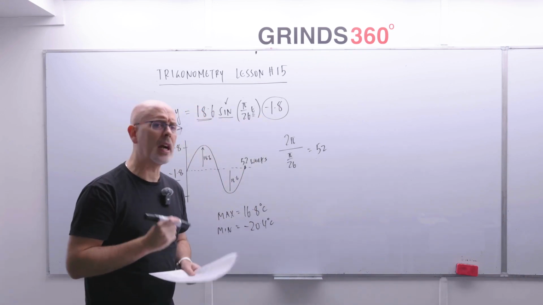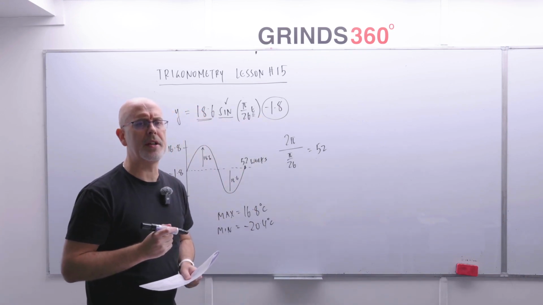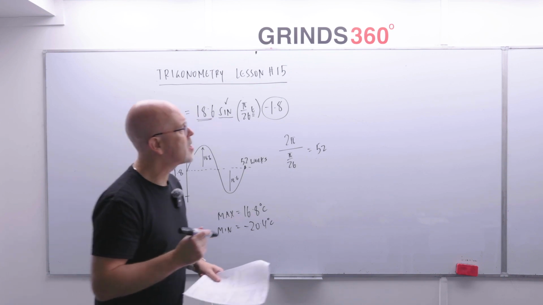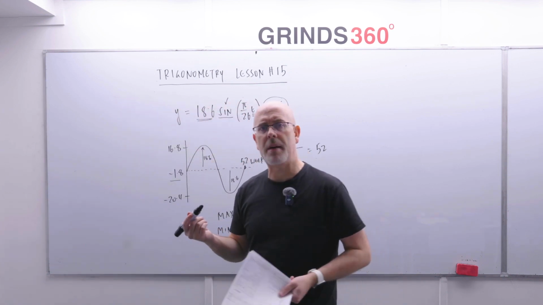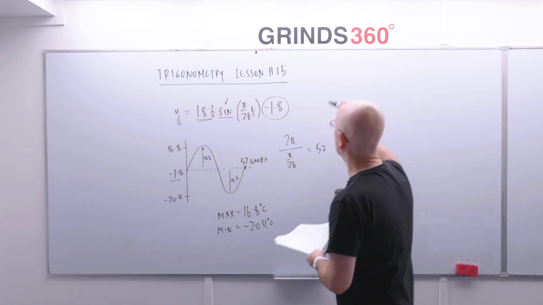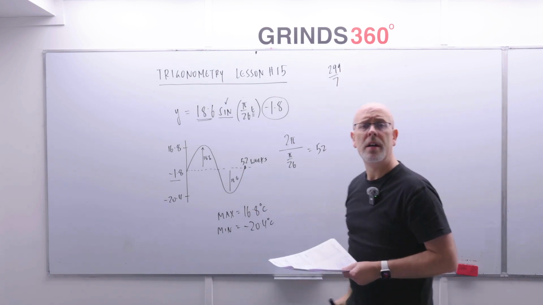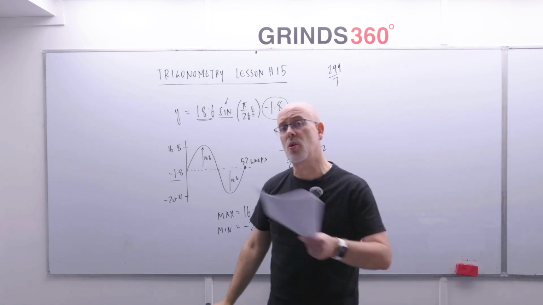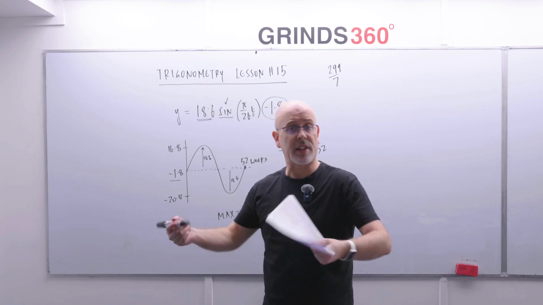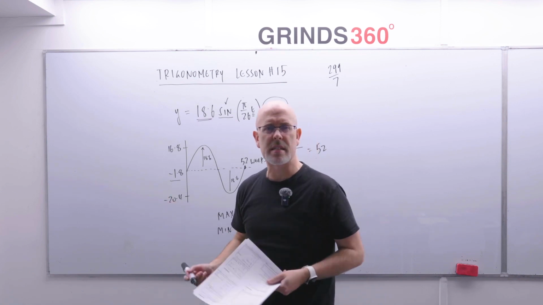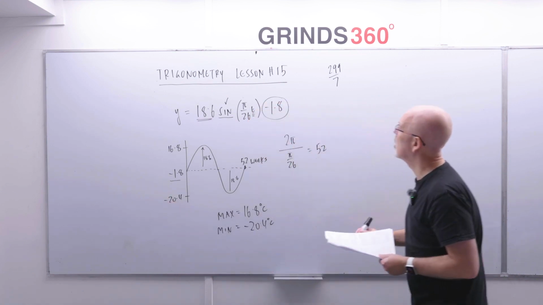So I'm going to put the number in there, but I have to convert that number into weeks. If it's 299 days, there's 7 days in a week, it's 299 over 7. Now I wouldn't bother decimalizing that. I'd leave that as a fraction. I'll leave it like that and pop that into the formula. There's no need to decimalize and approximate that. Let your calculator worry about that.